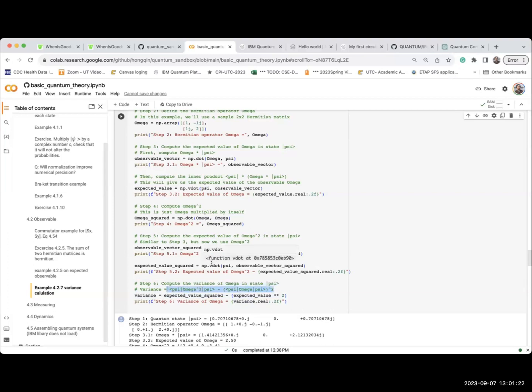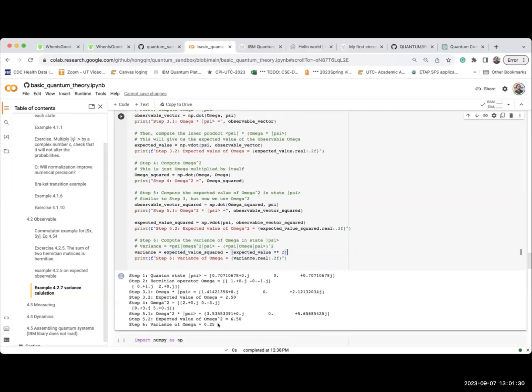So this is, and we got it from the book example 4 point, which is that 0.25, is that correct? Let me see. Where is that example?